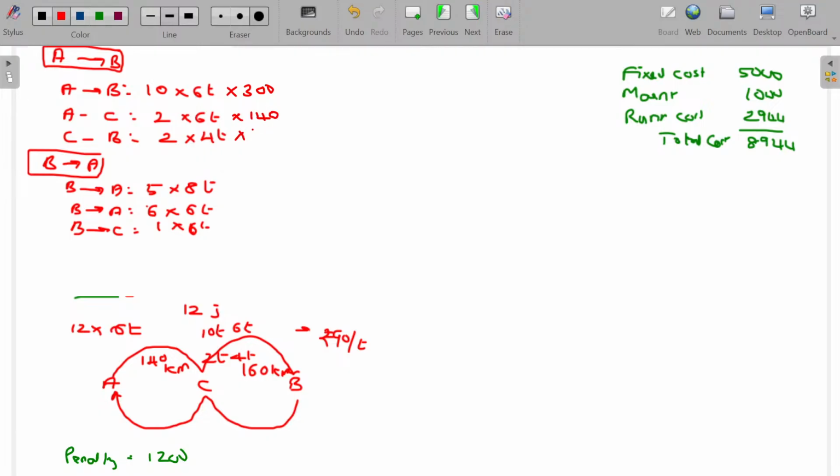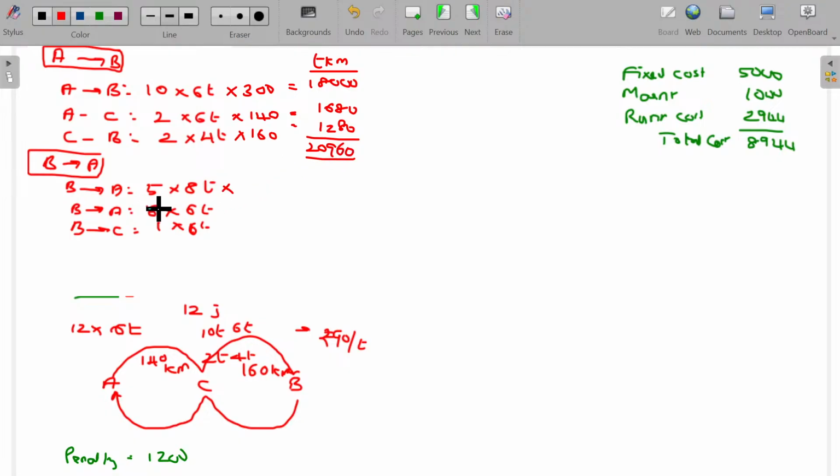C to B, 160 kilometers. Hope it will be 18,000 ton kilometers, 1,680, 1,280, total being 20,960.